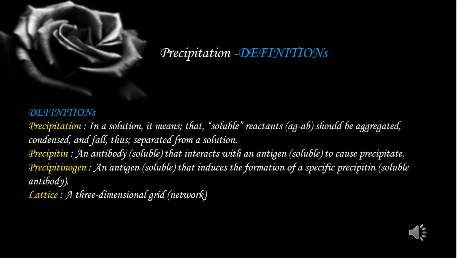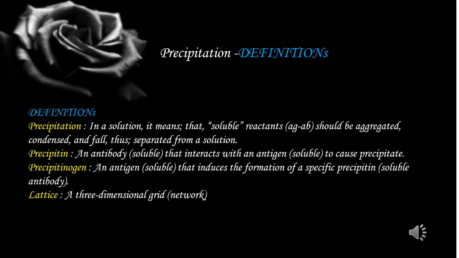So let's look into the definitions of precipitation. There are many terminologies during the precipitation reactions, mainly precipitation, precipitin, precipitinogen, and lattice. Let us first look into what I mean by precipitation.